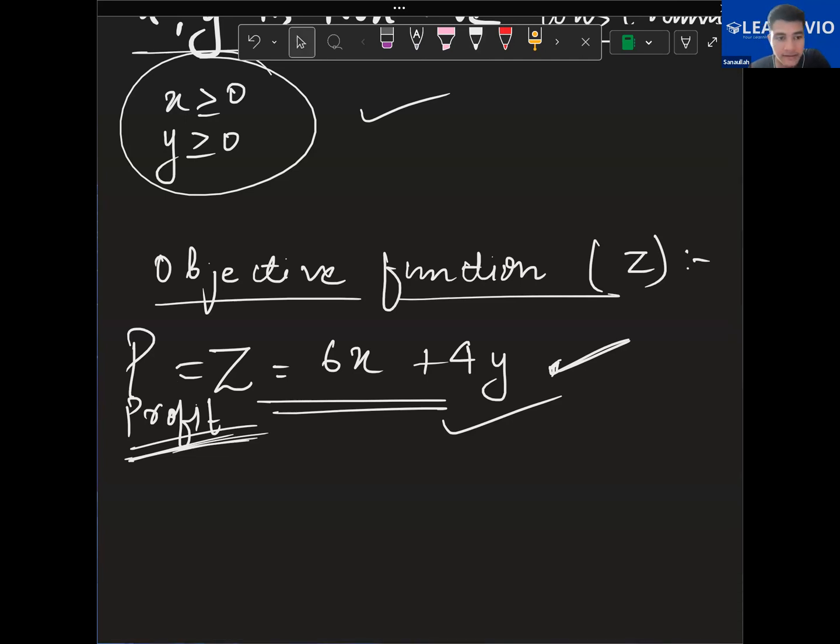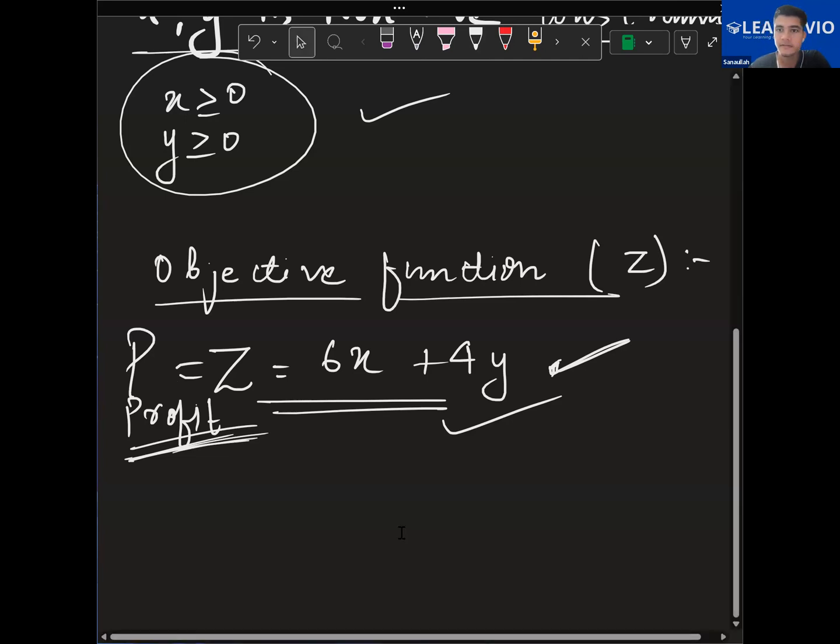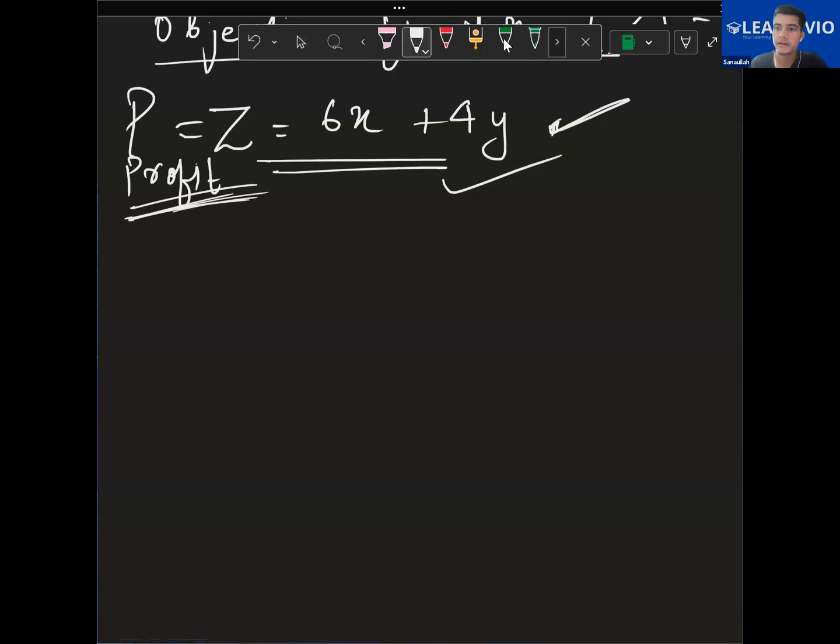And we have a term that is decision variables. The variables which we have used in our constraint, or which are used in my objective function, those are known as decision variables.